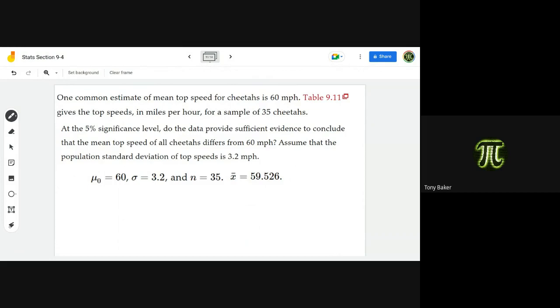It's funny, they actually used the calculation still with 35, and they shouldn't have. Oh well. All right, so we're going to be able to do this test.